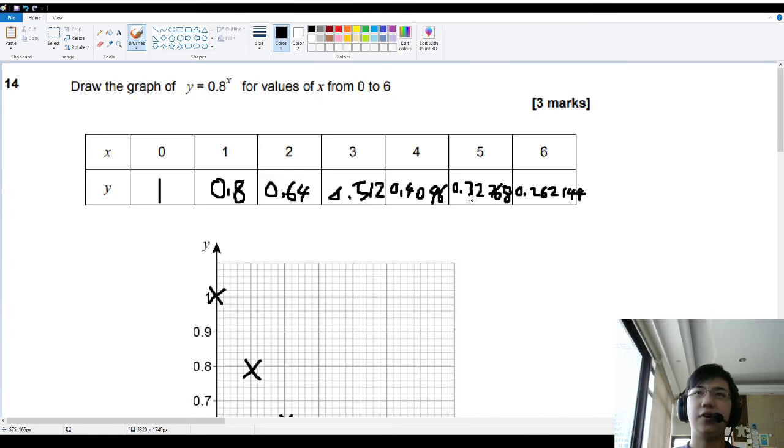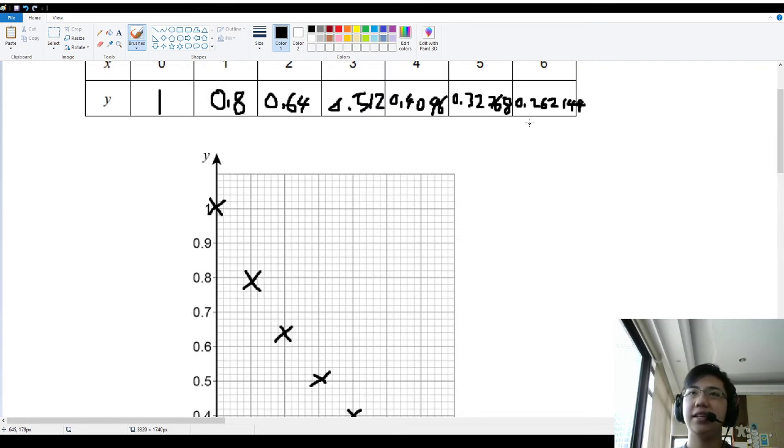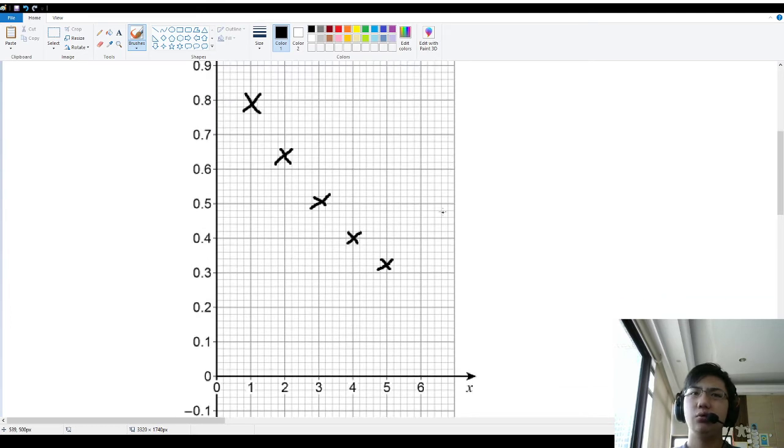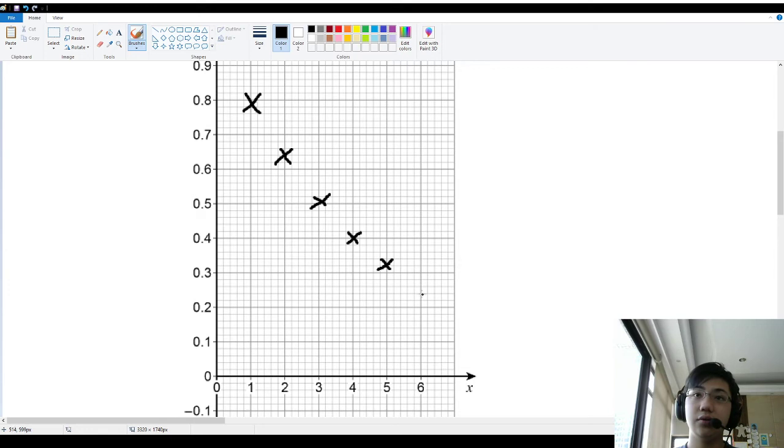Next, for 5, we have 0.32768, which gives us this value roughly here. And the last value is 0.262144, which for the x value of 6 gives us this point here.